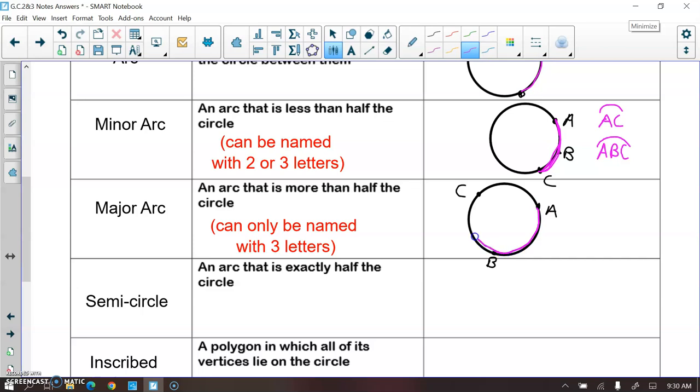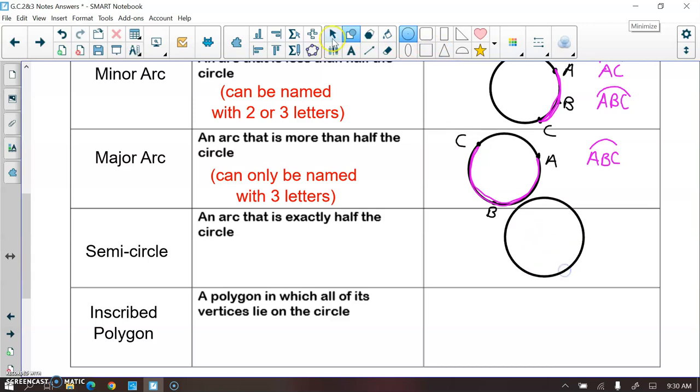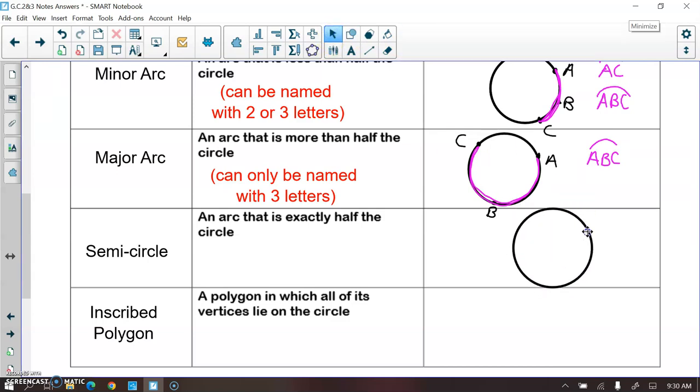This is a major arc. It's more than half of your circle, and the only way that we can name this is arc ABC. And then a semicircle is an arc that's exactly half of your circle. So it would span the diameter of your circle.